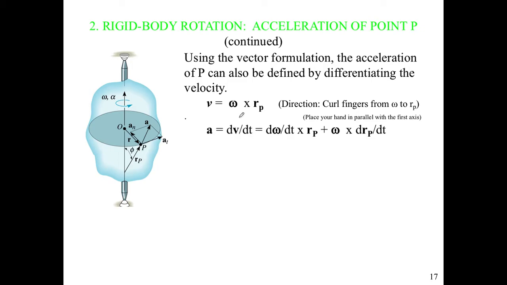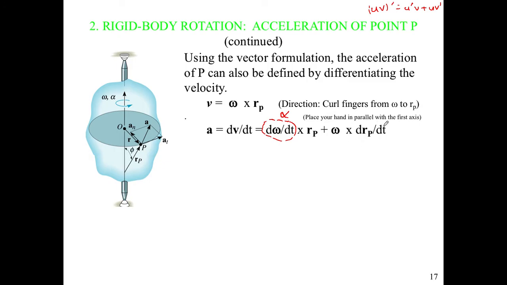So differentiating this and applying the product rule, which I'm sure you remember, (uv)' equals u'v plus uv', the same thing applies here, and the cross product remains as it is. So applying the product rule to this velocity, we get these two terms. Let's point out what things we know. I think we all know what d omega by dt is. That's alpha.